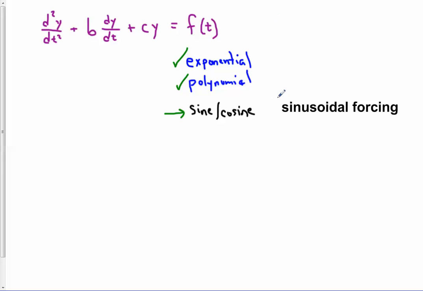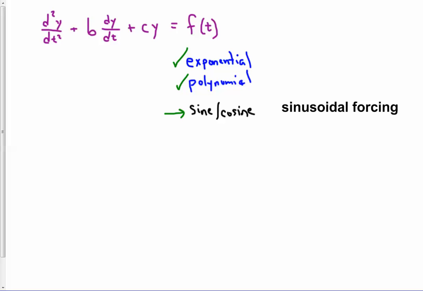So we want to see what special approach we can use when we have a sine or a cosine on the right-hand side. Before getting into the details, let me just say that sinusoidal forcing has important applications. Anything that vibrates can be thought of as a sinusoidal force.